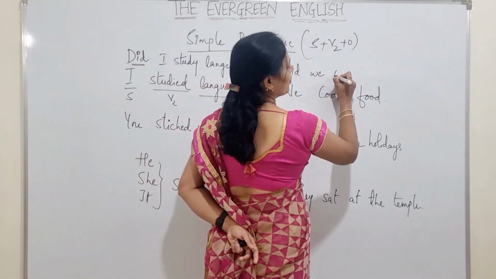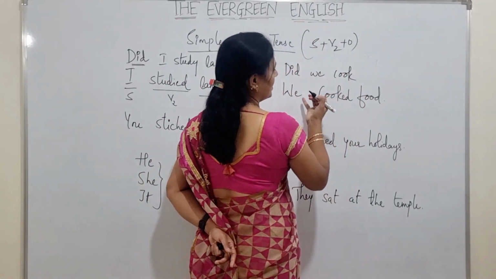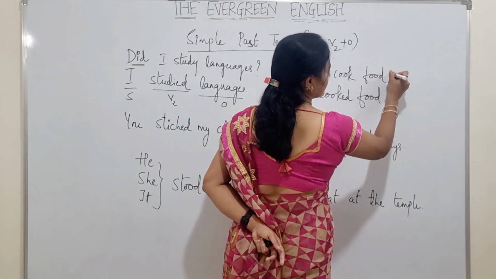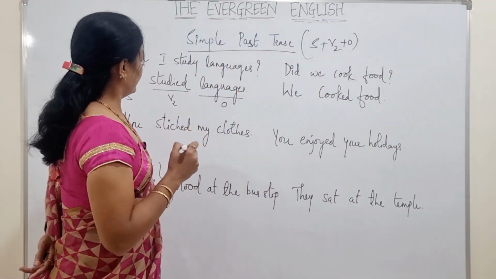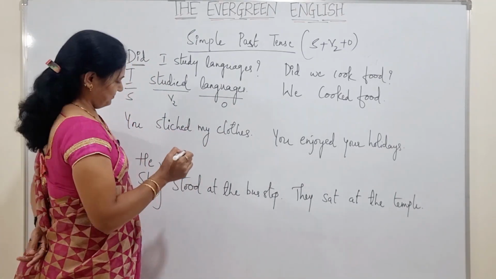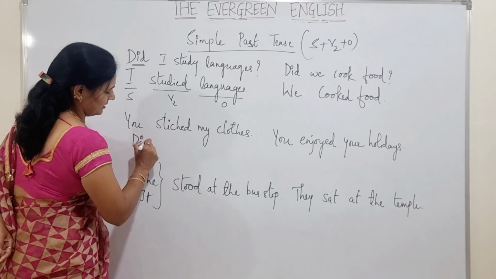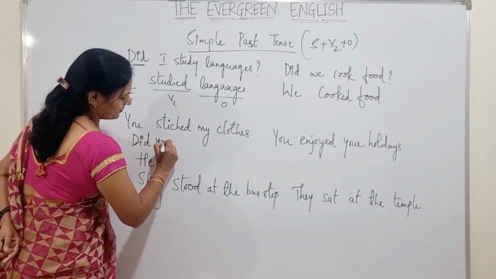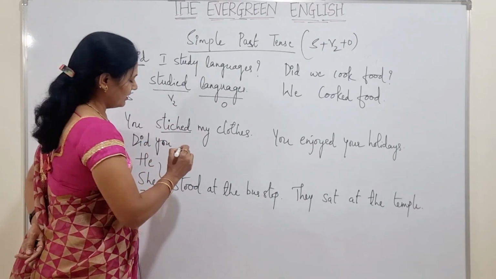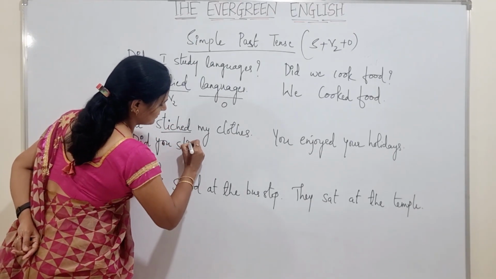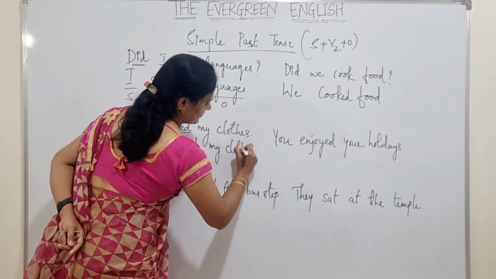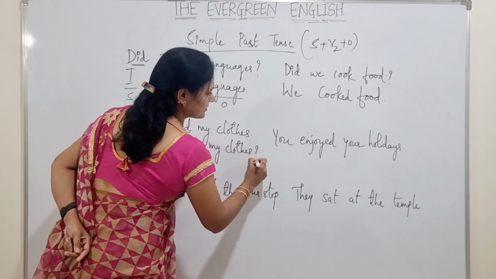Change it into V1. Did we cook food? Clear? You stitched my clothes. Come on, try. Did you stitched? V2 form. Change it into V1. Did you stitch my clothes?